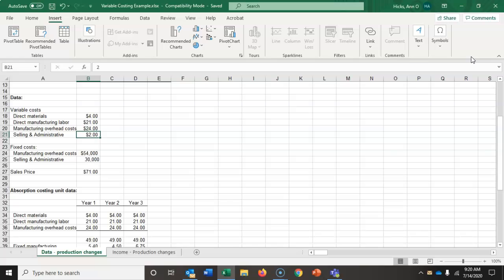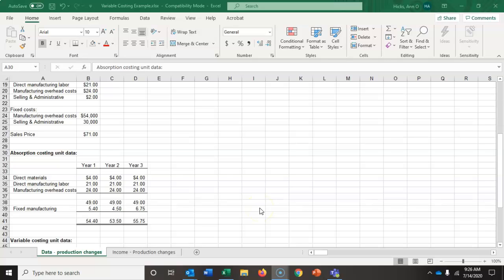Those are all the variable costs, so it's perfectly reasonable to quote them in terms of per unit data. Fixed costs, our fixed manufacturing overhead are $54,000. Selling and admin is $30,000. And we have a sales price of $71 per unit.